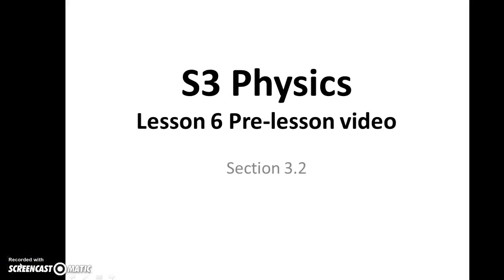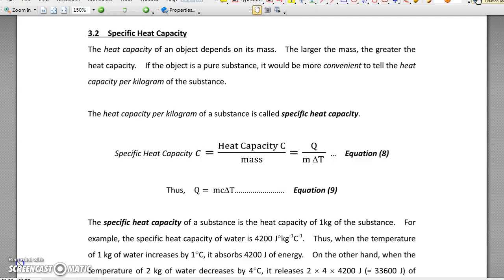Lesson 6, pre-lesson video, section 3.2, specific heat capacity. Just as the last two assignment questions have shown you, it would be more convenient to tell the heat capacity per kilogram of a substance. And we call this specific heat capacity.